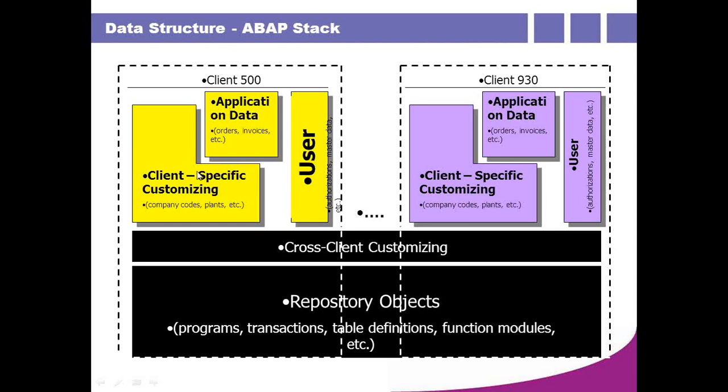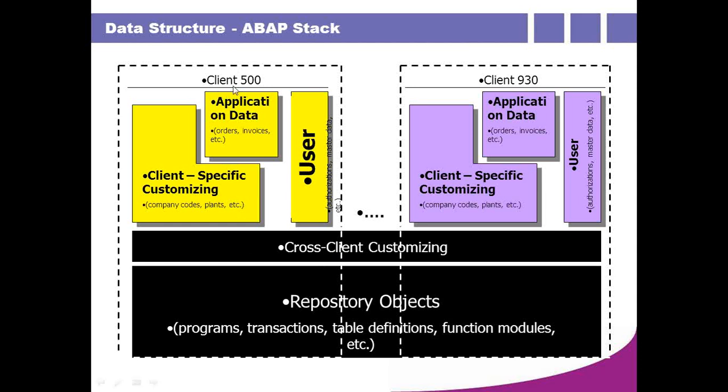Remember, these three are client-dependent or client-specific, but these two are client-independent, or cross-client objects, we can say. What that means is, by sitting here you can access this client data, but you can't access this client data by sitting here. But the cross-client and repository objects are globally shared to all the clients.